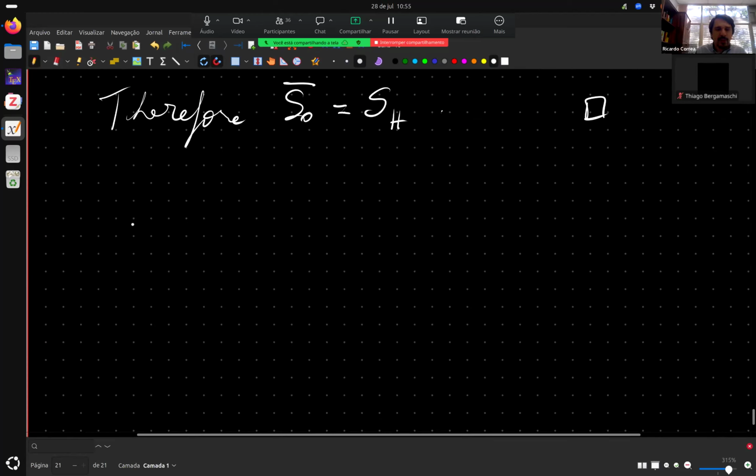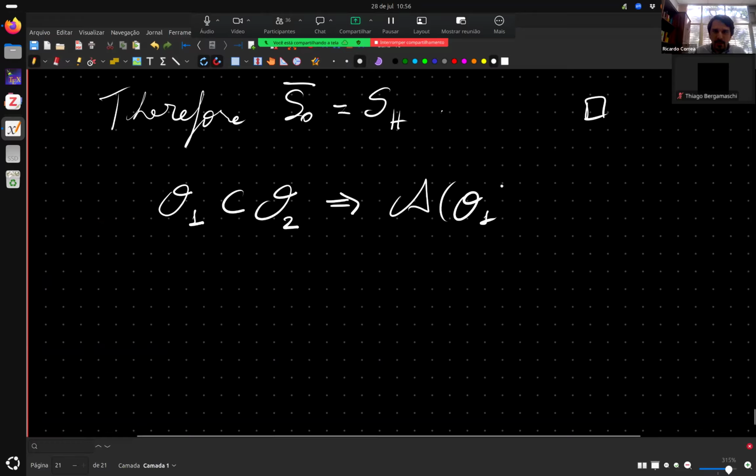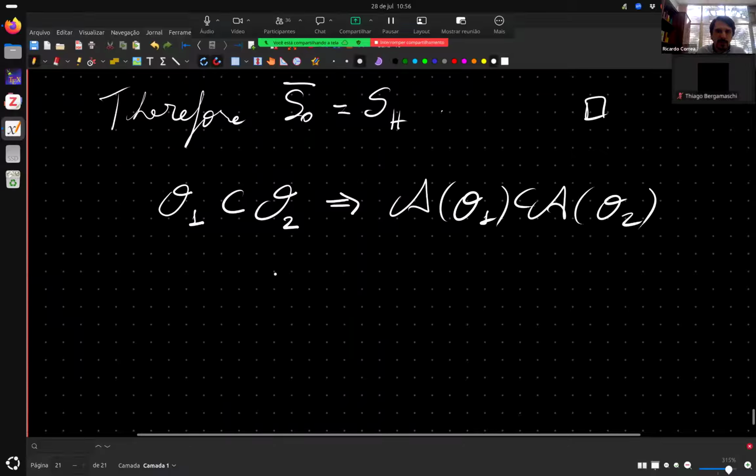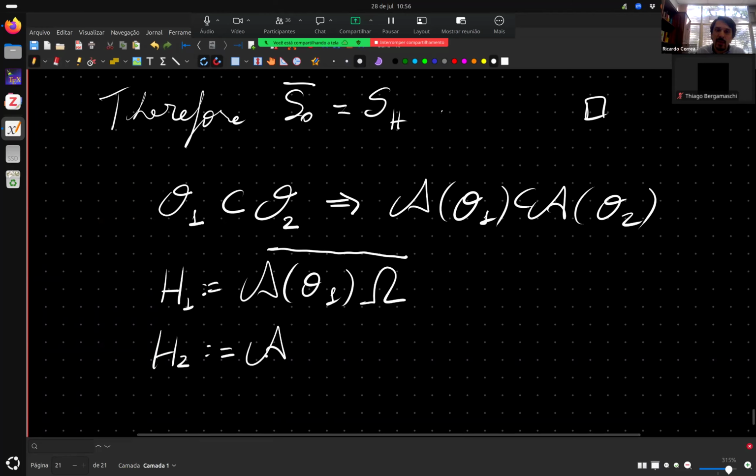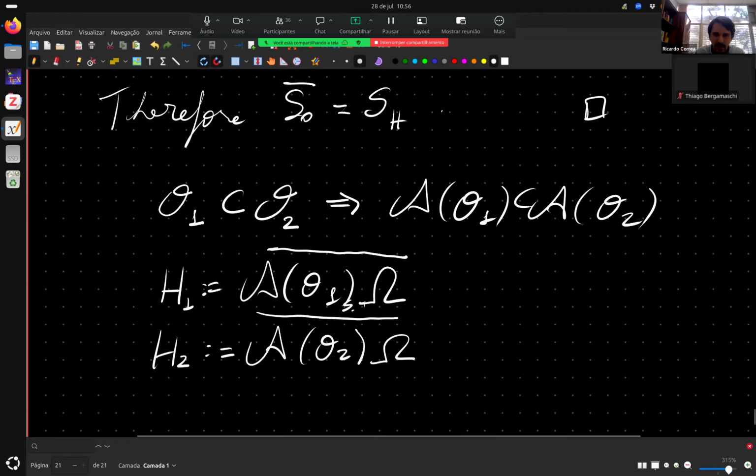Just to mention the following interesting information. We saw that by isotony, if a region O1 is contained in O2, then the algebras are contained one in the other. But we also learned that the vacuum is cyclic and separating for the algebra. So I can define H1 to be the closure of the self-adjoint elements of O1 applied to omega, and define also H2 to be the closure of O2 omega, only the self-adjoint ones.